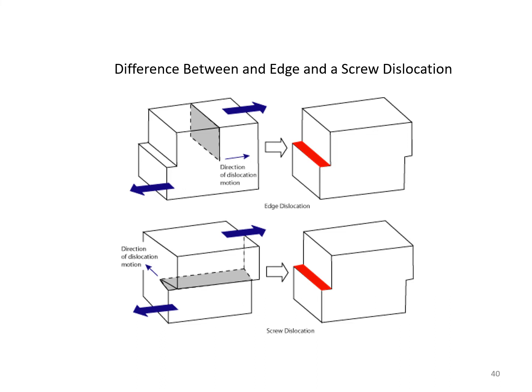You're only breaking one line of atoms at a time until you shuffle the whole half of the crystal by one Burgers vector, one lattice parameter.